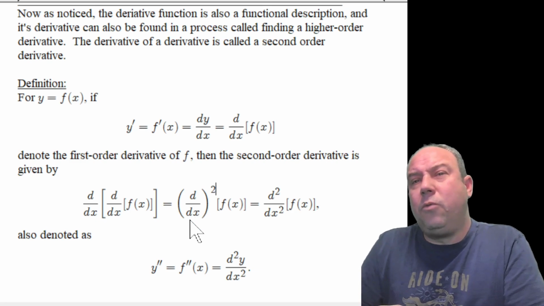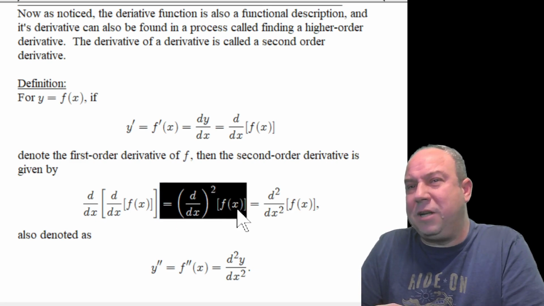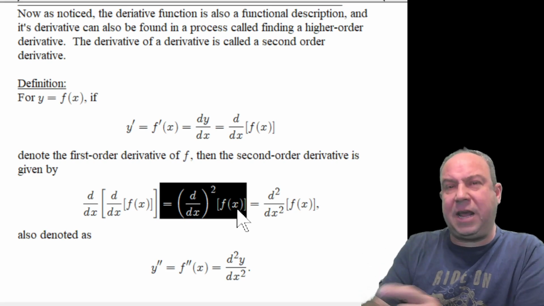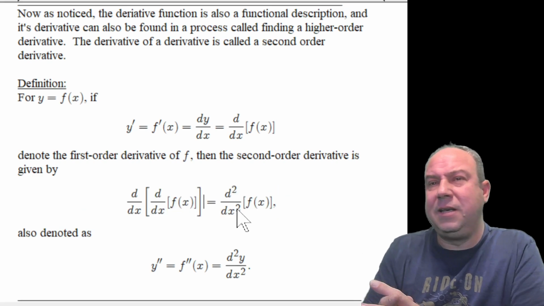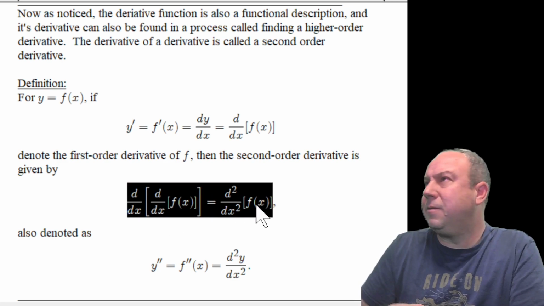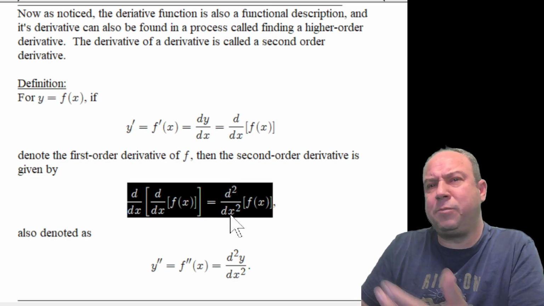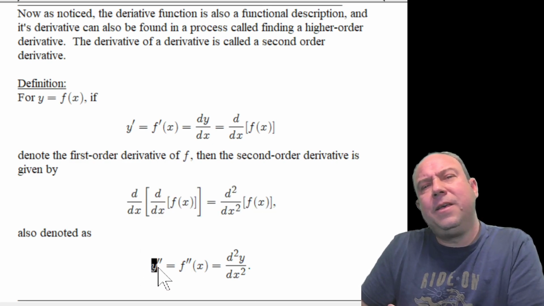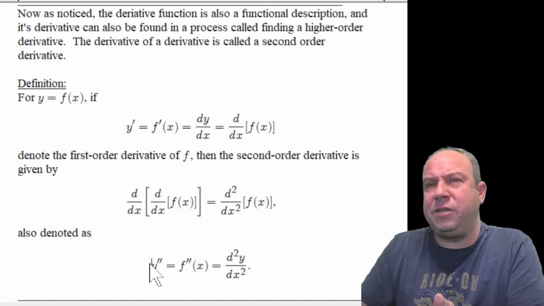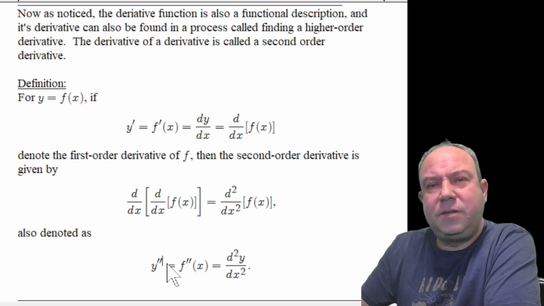Right? We don't traditionally see this middle notation there. I just express it that way to help you understand what we're saying with this middle formulation, this middle equation. But also, what we get back to is just some notation. The way we denote that second derivative is we use double primes.